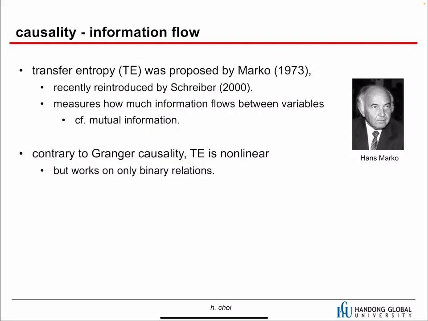And the next one is not that popular, but I think this is quite an important concept. In entropy or in mutual information, we don't talk about directions. When we have X and Y, mutual information measures how much information can be shared by X and Y, but it doesn't say which one is causing the other one.